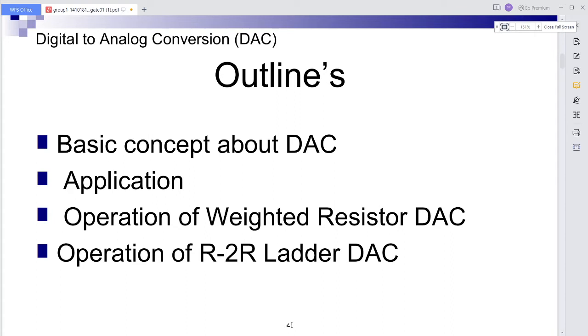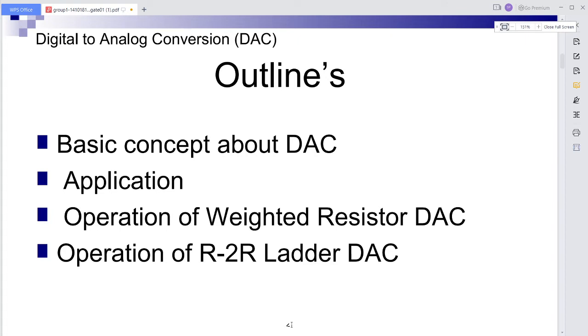So we have to convert the analog form of data into the digital form. All these basic concepts of digital to analog and analog to digital converters I have explained in the introduction of the data converters. To have better accuracy and reduced noise, we use data converters to transmit, process and store the data.